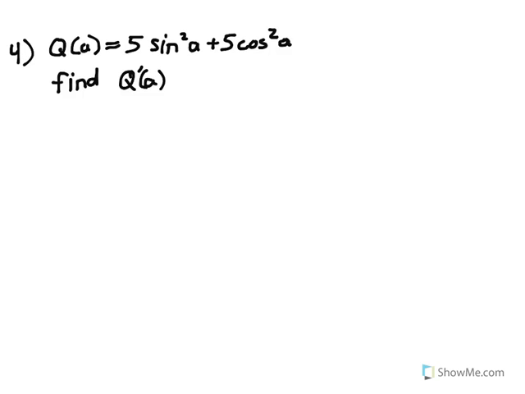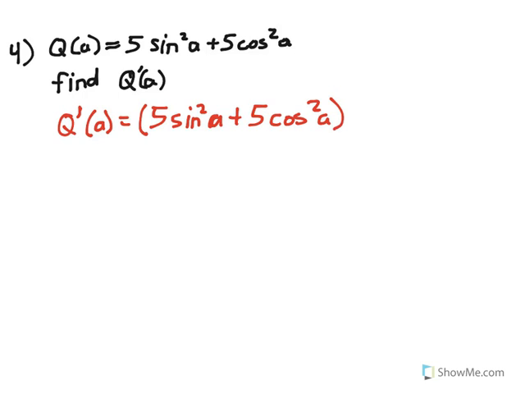So if we were to write this out, q prime of a. Alright, so the solution is going to be in red. So q prime of a is equal to, and there's various ways of writing this. You could say, open parentheses, 5 times sine squared of a plus 5 times cosine squared of a, and then put the prime part outside of that.